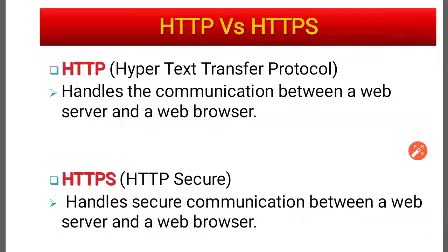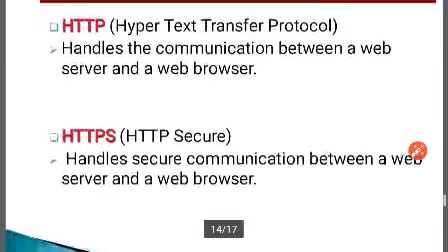Whereas HTTPS is the hypertext transfer protocol secure. Why are we calling it secure? Because it handles the communication in a secure way. So it is secure communication. You would see nowadays that whenever we get a URL, if it is HTTPS, then you can think that URL is very secure for doing any type of transactions.